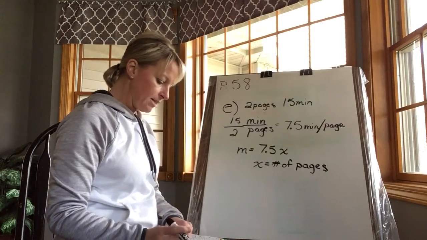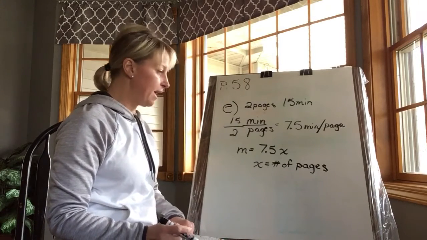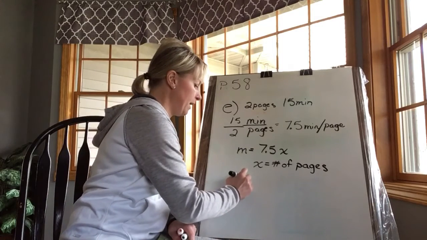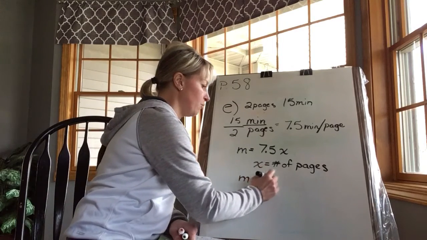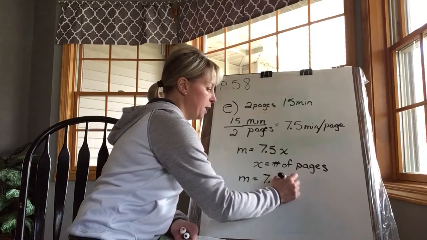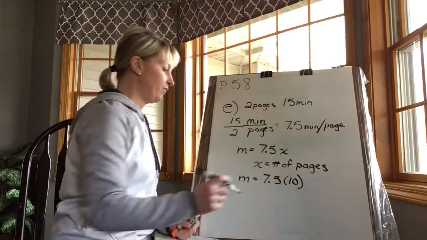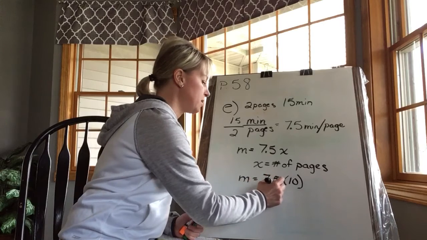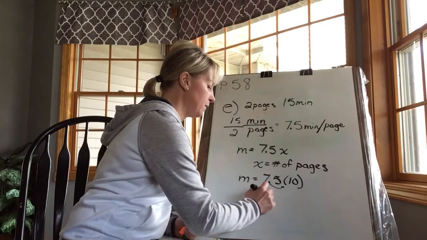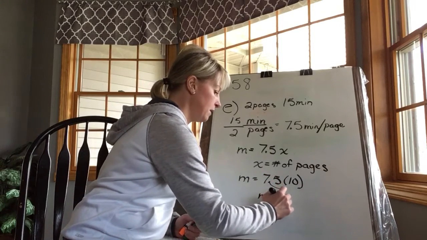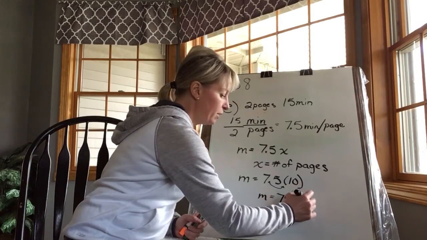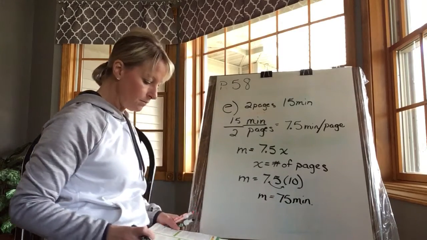Okay, so then it asks how long will it take her to type 10 pages. So it would be m equals 7.5 times my 10, because x is the number of pages. So 7.5 times 10, we can just move that decimal over. So m equals 75, and my label would be minutes.